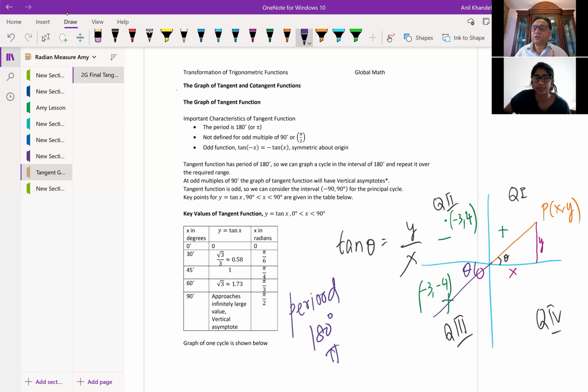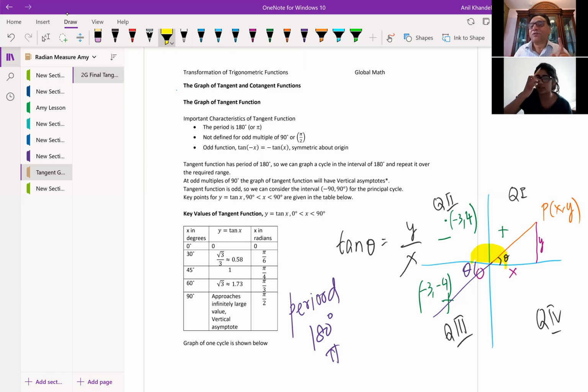That brings us to a very important conclusion: if I want to sketch a graph of the tangent function, I just need to work on the region 0 to pi. After that, I can repeat it and get the whole curve.